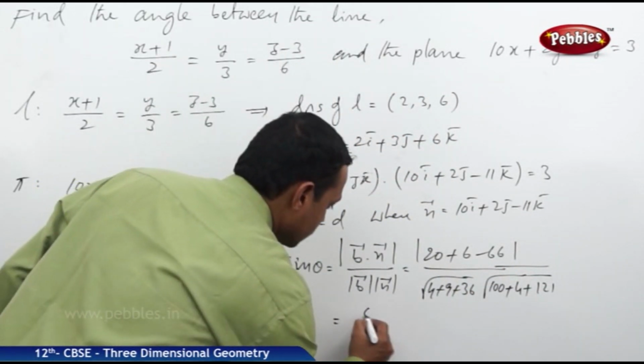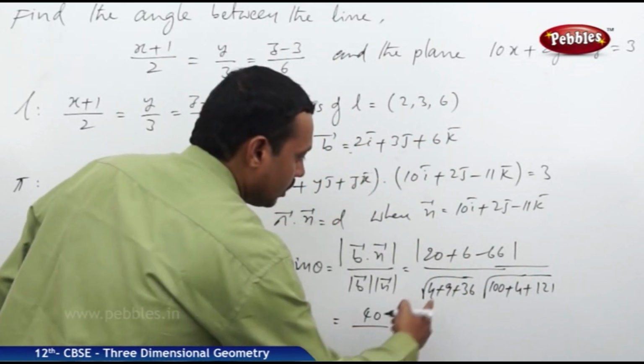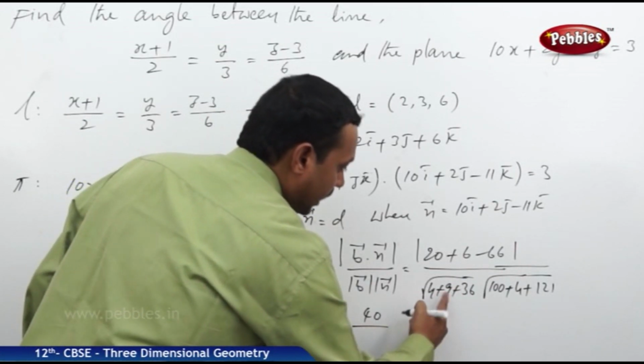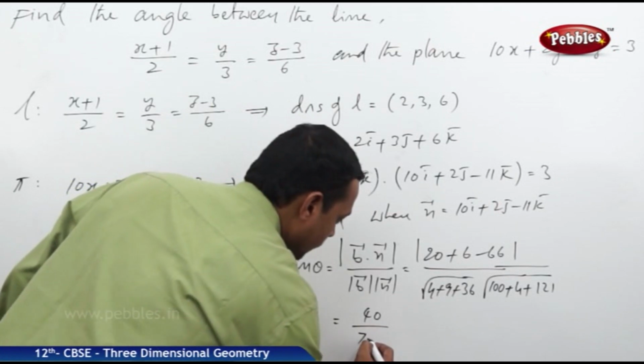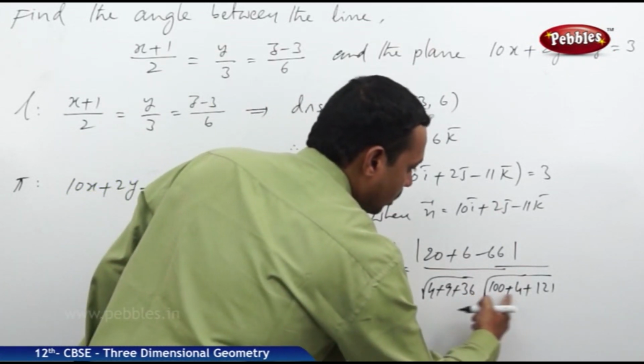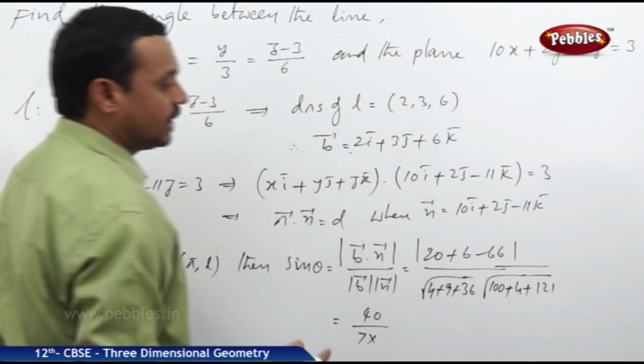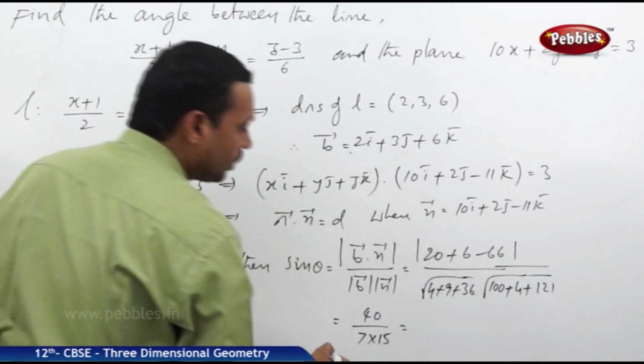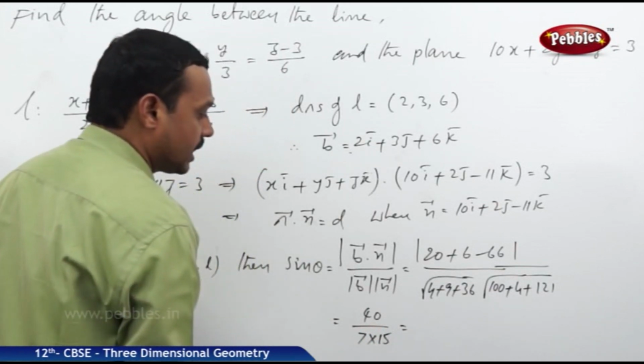Right, now it is 40 by root of 36 plus 49, root 49 is 7, into root of 125 plus 100, which is 225, under root 15. Now here the 5 cancels in numerator and denominator.